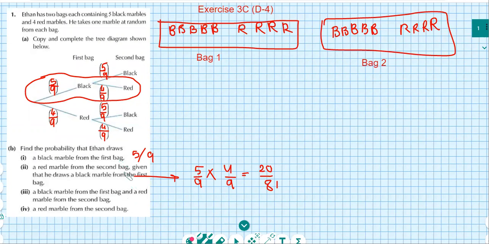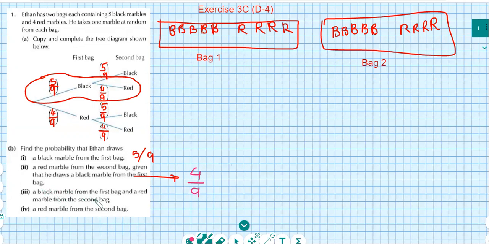As for the second part, a red marble from the second bag, given that, it means they are independent events, so whatever we get from the first bag doesn't affect the second one. So we don't need to multiply this 5/9 part with it. So this is a correction. This will be 4/9 for the red.